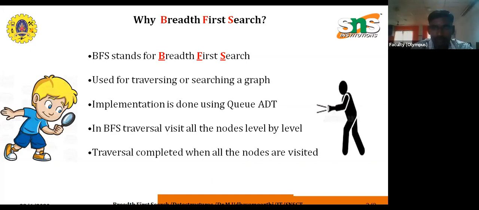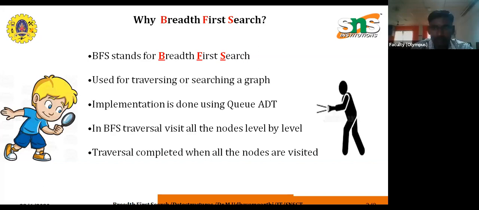Traversing means you are going to visit all the nodes in a graph, which is to be traversed for finding a particular element in a graph. So this breadth first traversal can be implemented using the queue ADT.